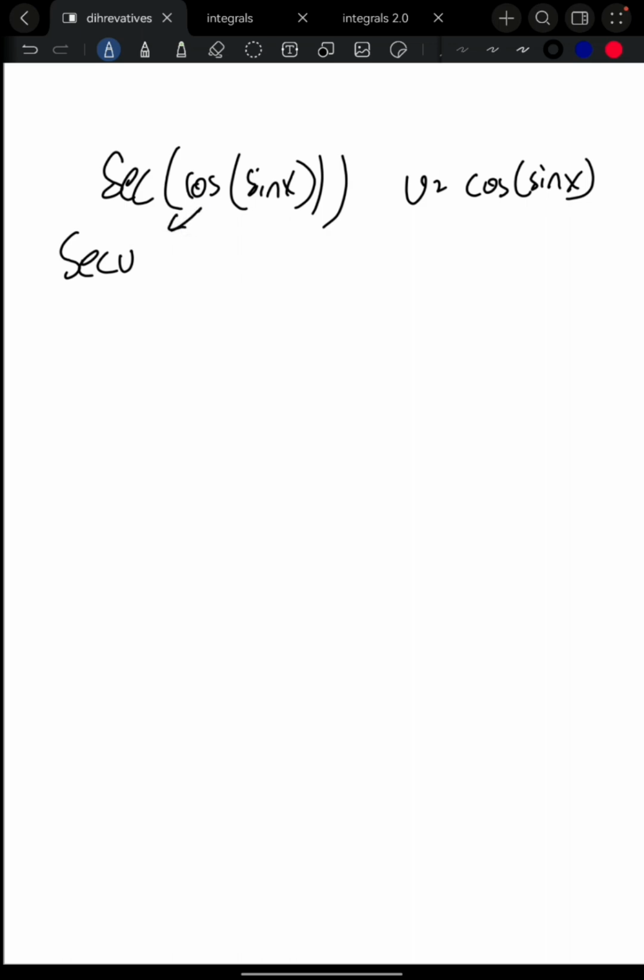All of this. So don't forget the chain rule, dy by dx is equal to dy by du times du by dx. Dy by du is just, what's the derivative of secant u? Secant u tan u times du by dx, which is the derivative of this.